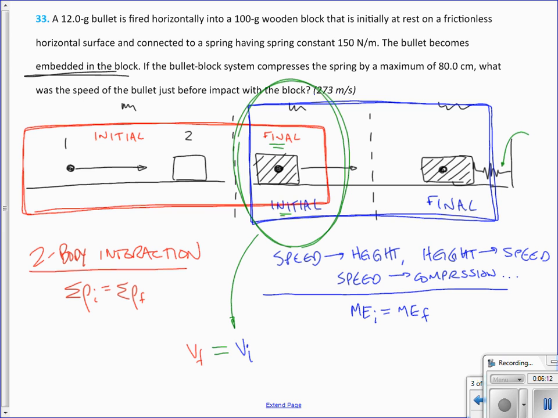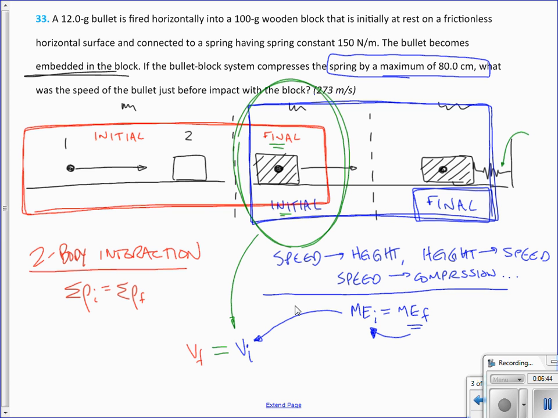Now, in this question, it doesn't move forward in time. They actually tell you something about how far the spring is compressed. So that means you know something about this final, which means you can back up and find out what the initial mechanical energy was, which tells you the initial velocity of that block.